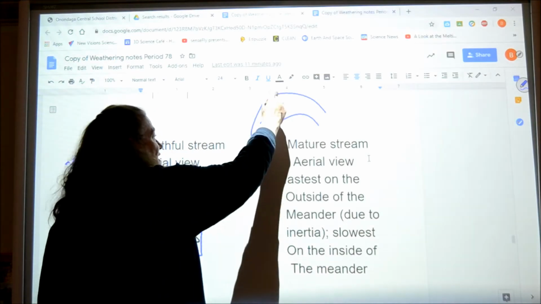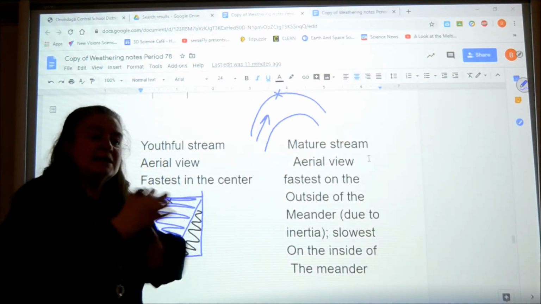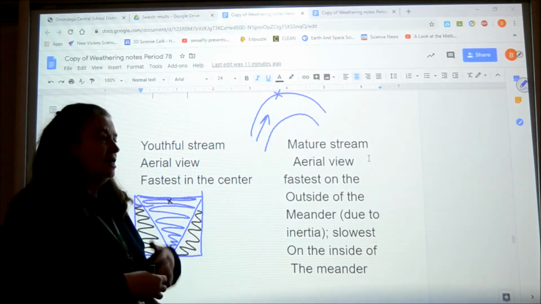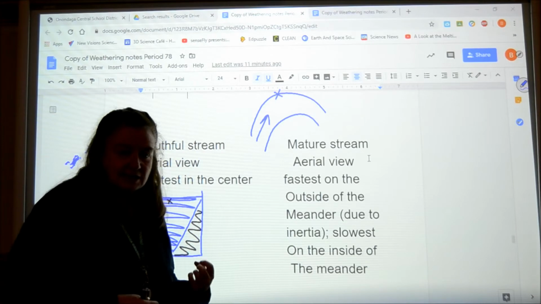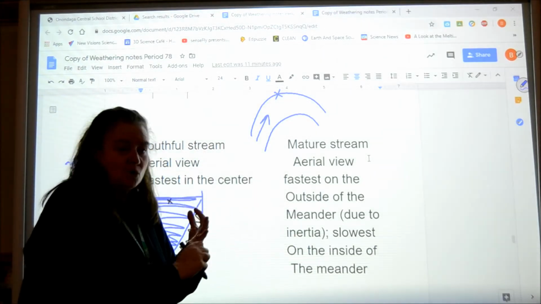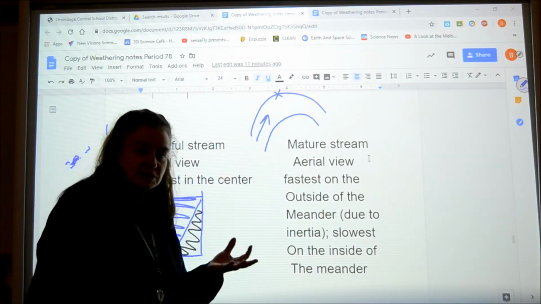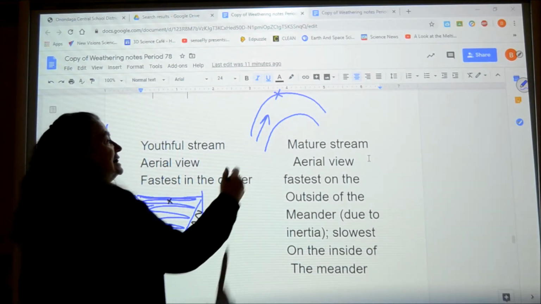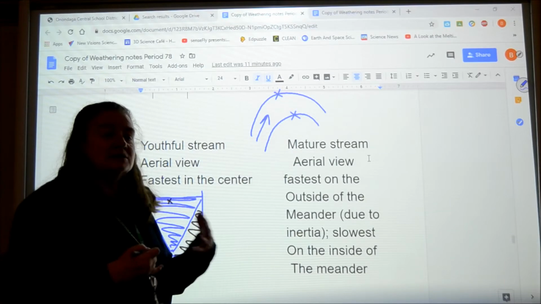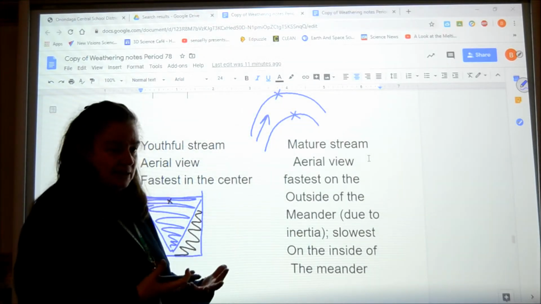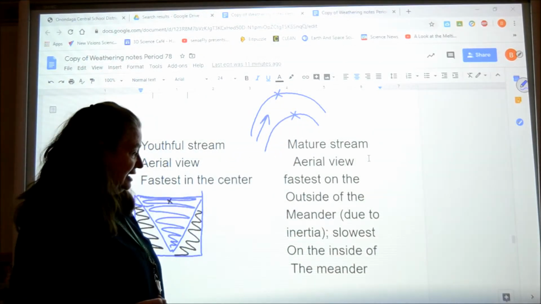So since it's moving the fastest on the outside of the meander, that means it's eroding more. The greater the velocity, the more it can erode. The greater the velocity, not only more material will erode, but also the larger size particles. The inside of the meander is going slower. Because it's going slower, it can't carry that sediment, so it's going to deposit it.